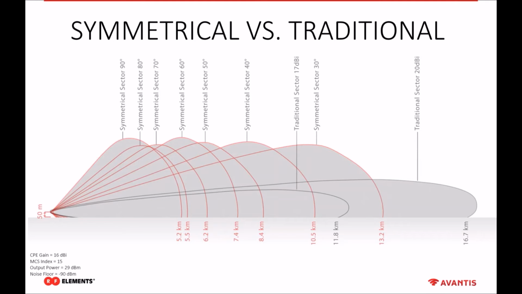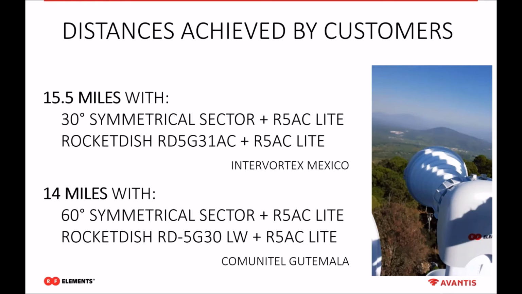We also have a few other customers from Latin America or Central America. Guys in Mexico were able to achieve 15.5 miles with a 30-degree symmetrical sector antenna, but on the other end they have a Rocket Dish, a dish with 31 dBi gain. Another customer in Guatemala with a 60-degree symmetrical sector antenna was able to achieve 14 miles.